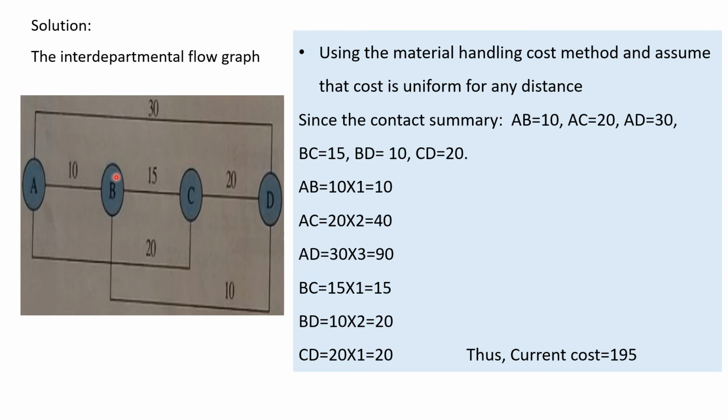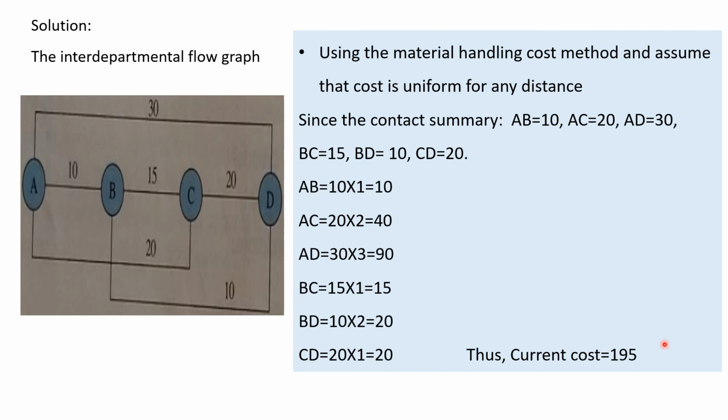AD 1 unit, 2 units, 3 units, so we multiply with 3, so 90. And BC is already 1 unit, so 1 times 15, 15. BD has a distance of 2 units, so we multiply by 2, and CD is 1, we multiply 20 by 1, and thus the current cost becomes 195.